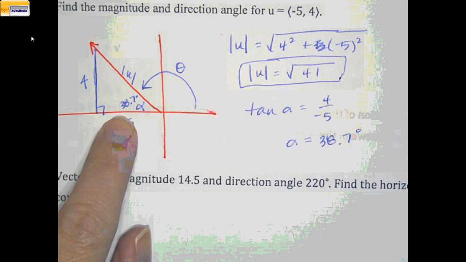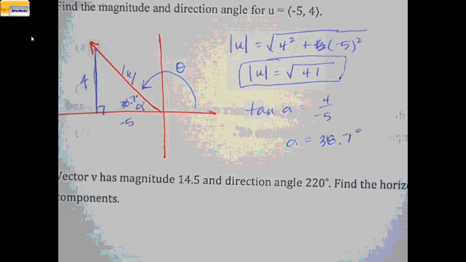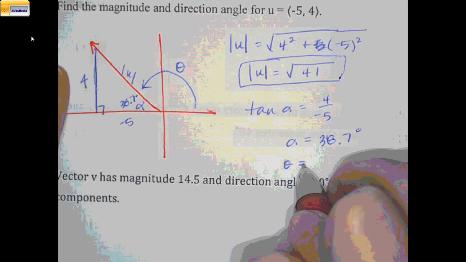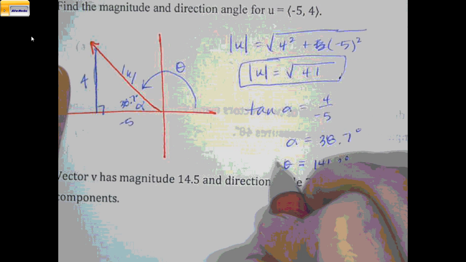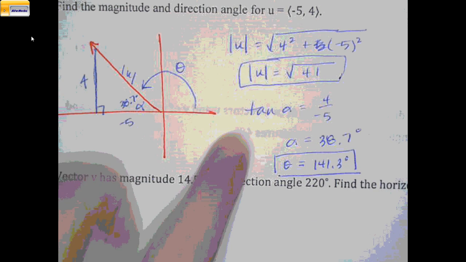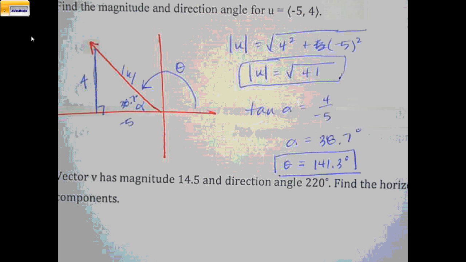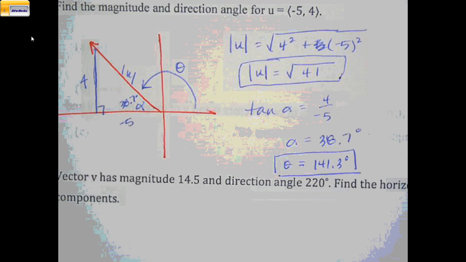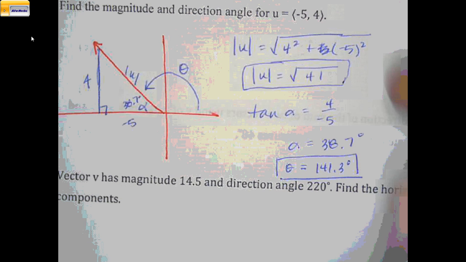Yeah. So if this is 38.7, how do you get the direction angle? Yeah, 180 minus 38.7, which I believe is 141.3. Do we have to use tangent? Nope, I used sine this morning. Sine of alpha is opposite over hypotenuse. You could do that as well, or cosine. Questions on the first example, because the whole first part of your worksheet looks just like this.